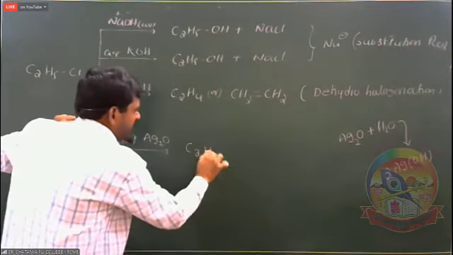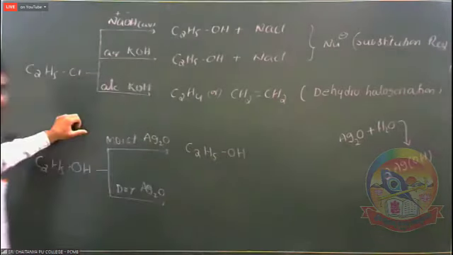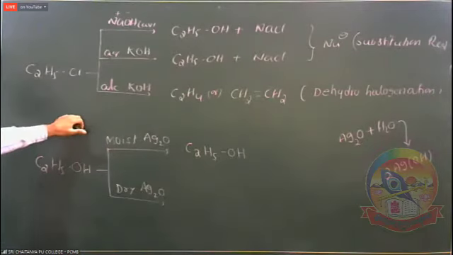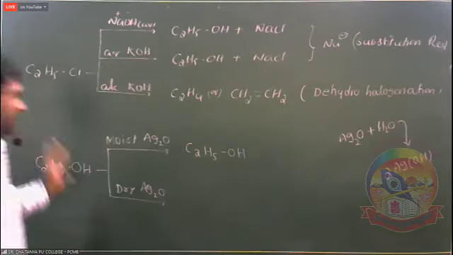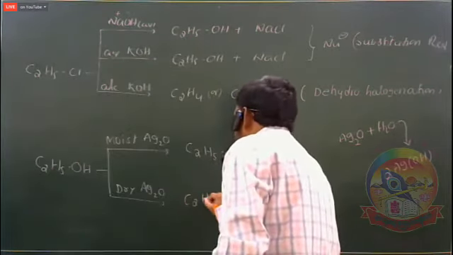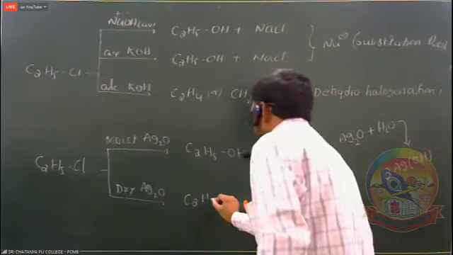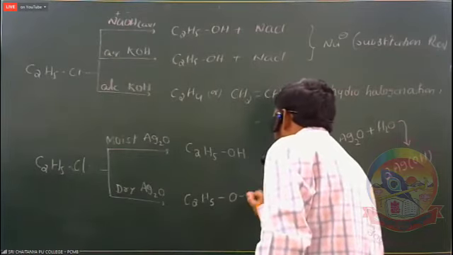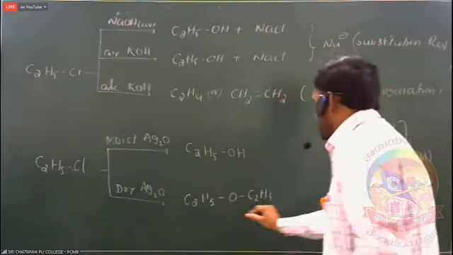Here the product formed is C2H5OH, ethyl alcohol. If we use dry silver oxide, in this reaction, 2 moles of ethyl chloride are involved. So it gives C2H5OC2H5. The common name is diethyl ether.